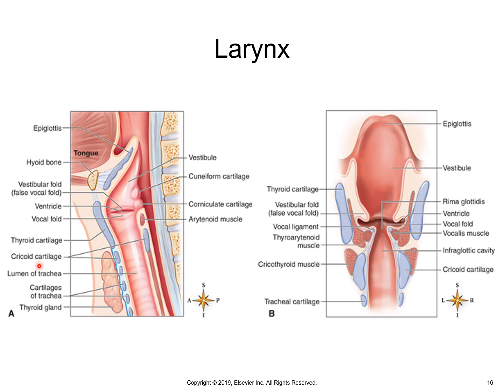We have the lumen of the trachea. The lumen of the trachea is a hollow airway that air flows through to the lungs.